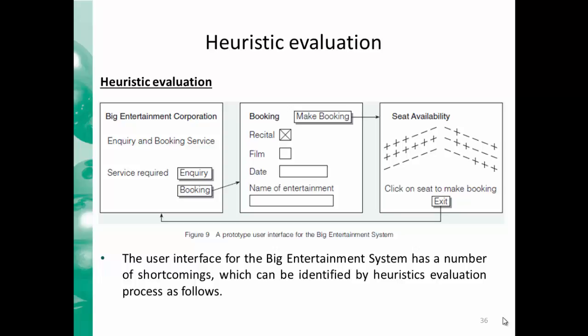Although they are doing the same functionality, they are placed in different places on the screen. In the first screen, it's placed in the lower right corner, while in the other one it's in the upper right corner. That's inconsistent. If you want it to be consistent, then you place buttons in the same part of the screen all the time.